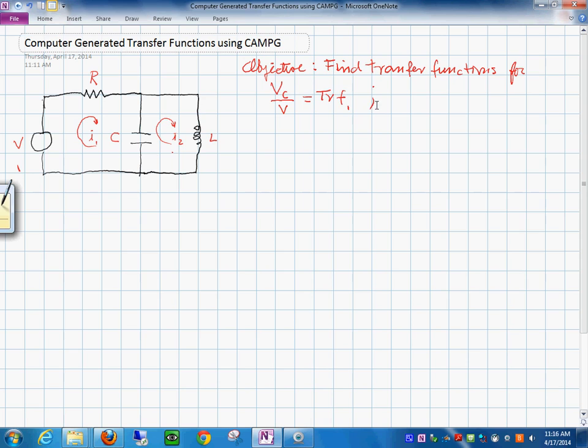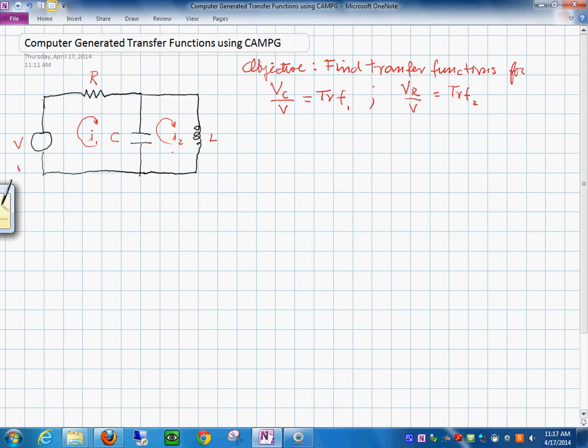And the second one we want is the voltage on the resistor in relationship to the input voltage. And we're going to call it transfer function number 2. Okay? This is what we're after.